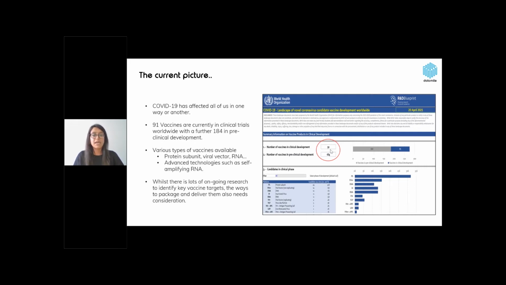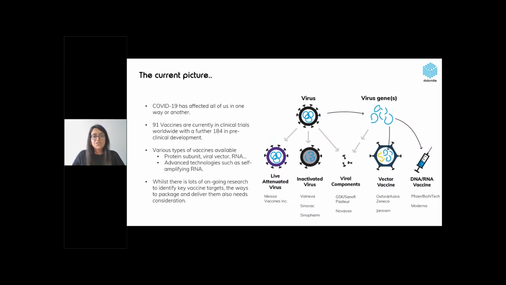So there's a big effort driving towards these vaccine developments. And recent news coverage has also said they want to develop further vaccines for new emerging variants of this virus to further protect everyone. So there are various different types of vaccines that are available.